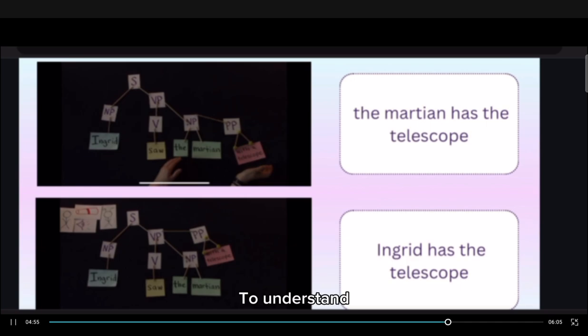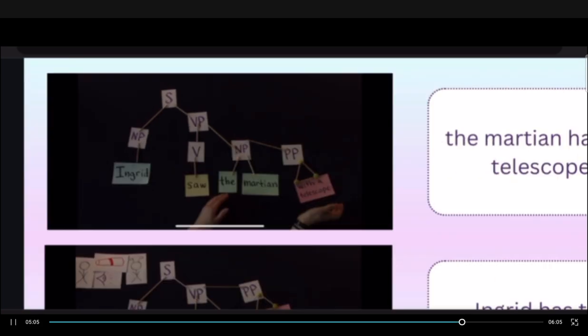To understand both meanings better, let's use what linguists call a tree structure diagram. Let's start with what happens if the Martian has the telescope.